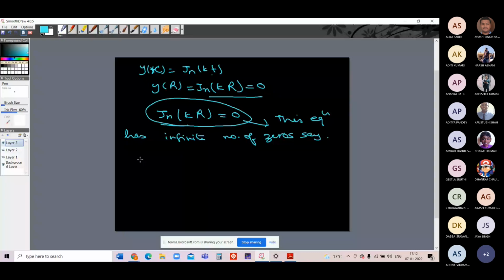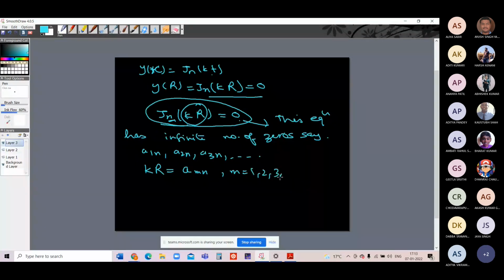Say that these zeros are a1n, a2n. n we are taking because for fixed n we are taking a1, a2, a3n and so on. Or we can write kr because for this kr it is 0. So when kr is equal to either of these values, in general we can write it amn, where this m is 1, 2, 3 and so on.